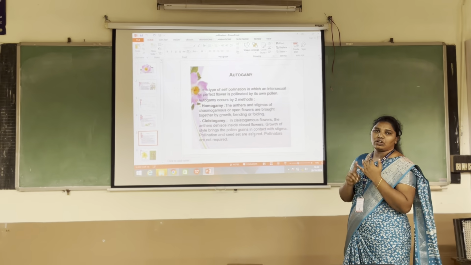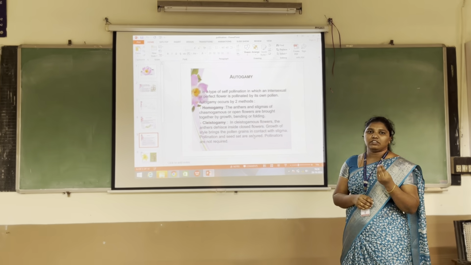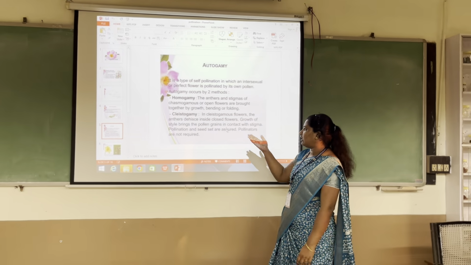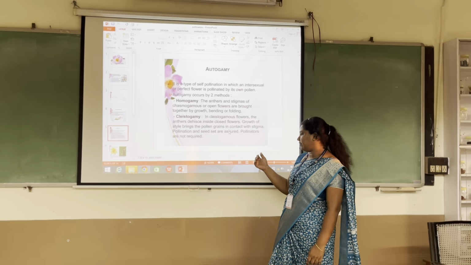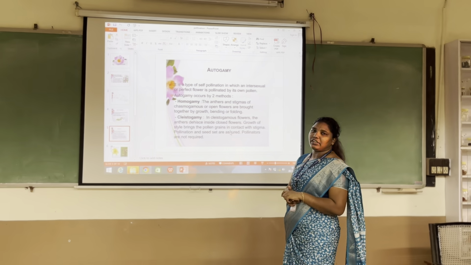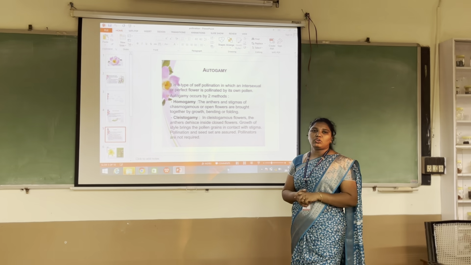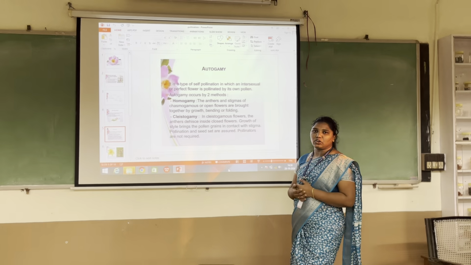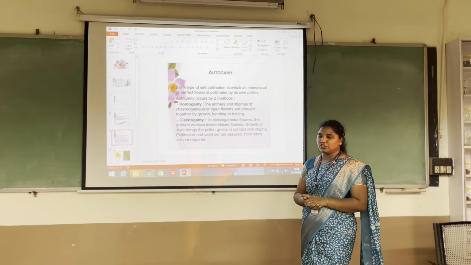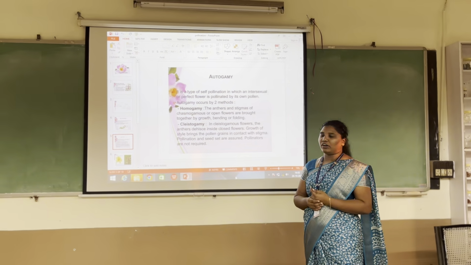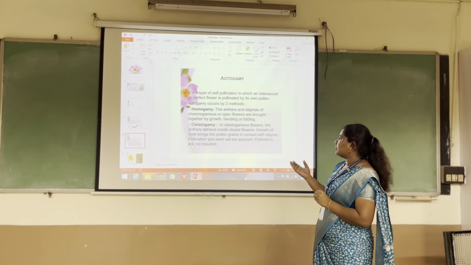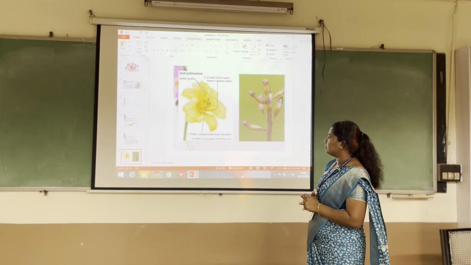Whereas in cleistogamy, the anthers dehisce inside closed flowers, which means all the organs are in a closed condition in cleistogamous flowers. Growth of the style brings the pollen grains in contact with the stigma. Pollination and seed set are assured. Pollinators are not required.